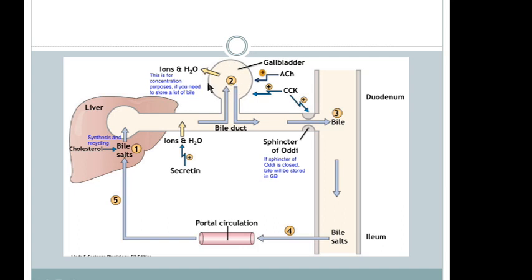When the sphincter of Oddi is closed, the gallbladder stores and concentrates the bile, where some of the ions and water are absorbed. In the gallbladder there is a higher concentration where the calcium and potassium are not absorbed.